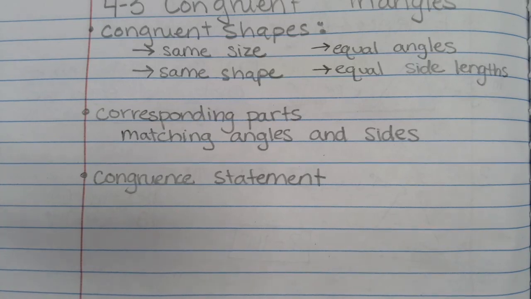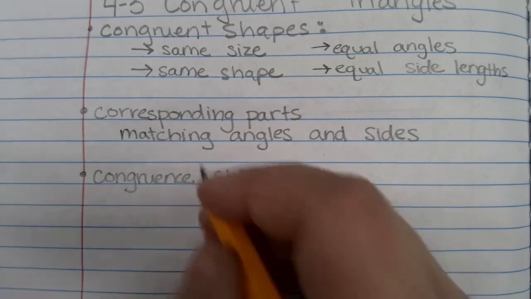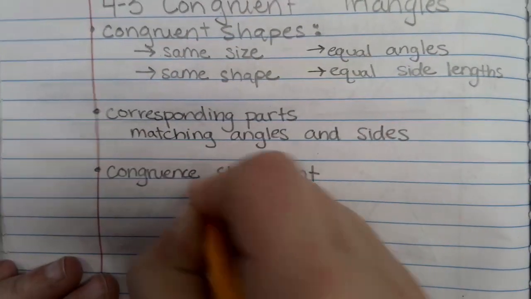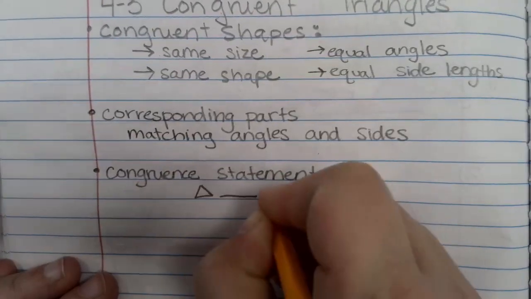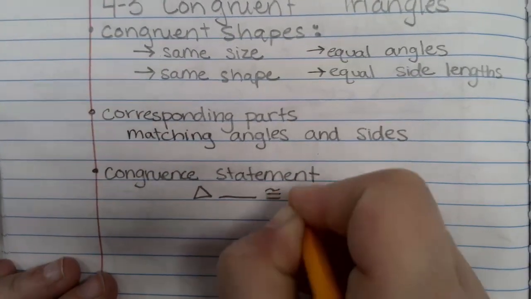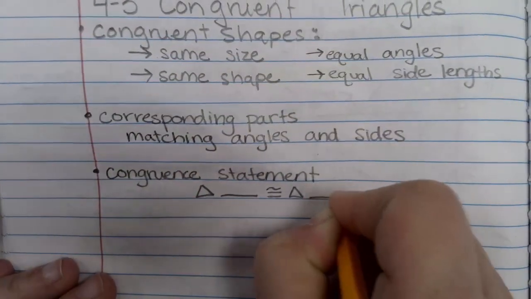This time we're going to be doing it with the whole shape. So when we name a triangle, how many points are there in a triangle? Or how many angles? 3. So we're going to use 3 letters. So we're going to say like triangle blank is congruent to triangle blank.